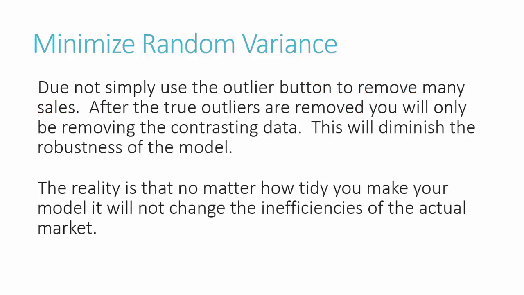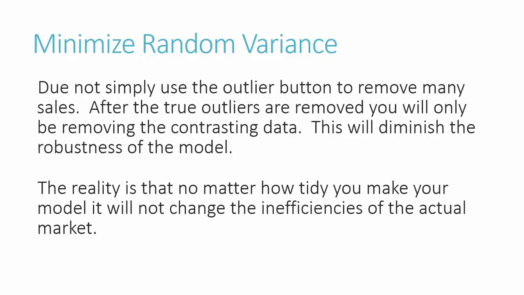All right, minimize random variance. One thing, do not simply use the outlier delete button. Now, some of you may not have that, but you can find the one that has the greatest residual or residual as a percentage of the original sales price. And the ones that are worst, a lot of people just begin to delete those out. And what will happen is after the true outliers are removed, you will only be removing the contrasting data.